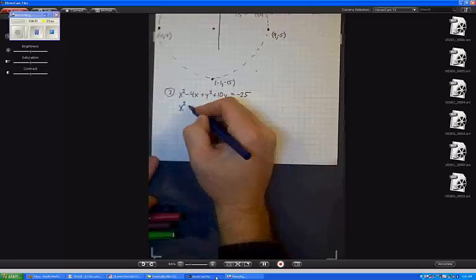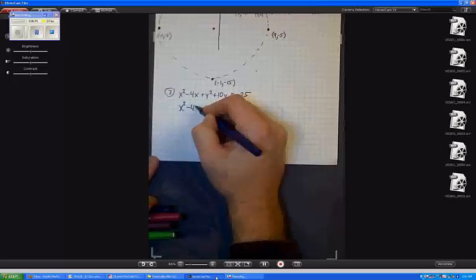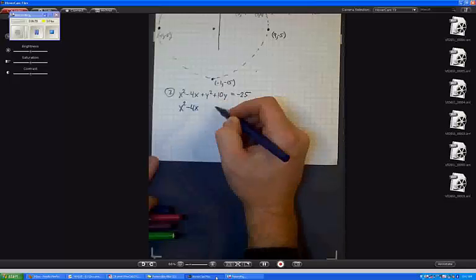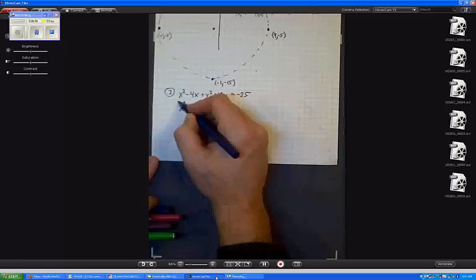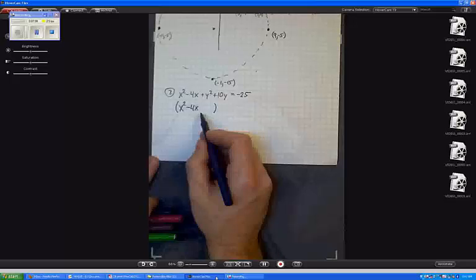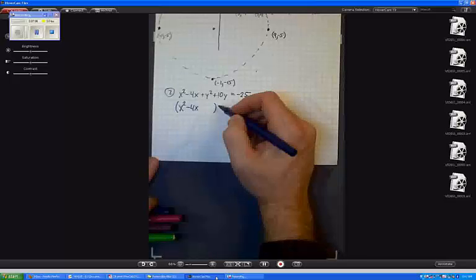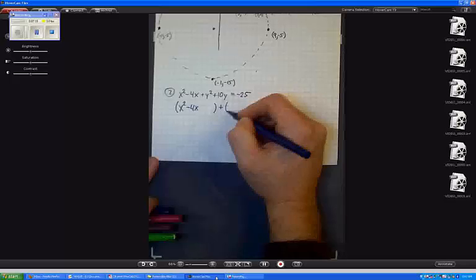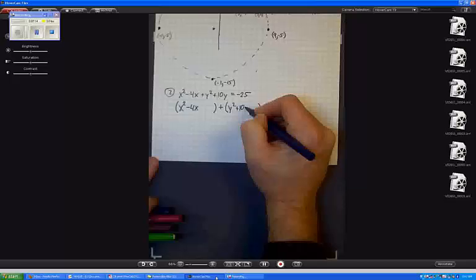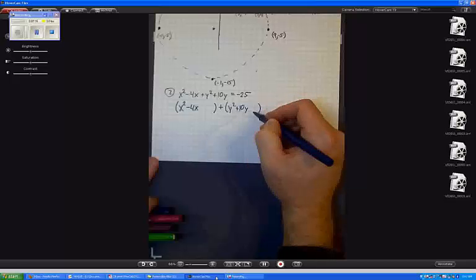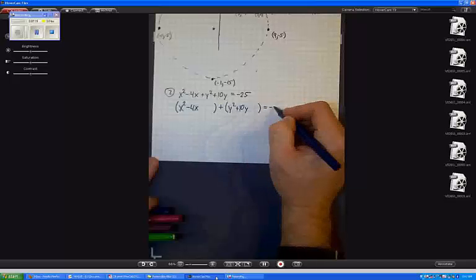Let's write x squared minus 4x, and then I'm going to leave some space here, because what we're going to do here is we're going to add something in a moment. Okay? Plus, and then here in parentheses I'm going to write y squared plus 10y, and I'll leave some space. And I'm going to say this equals negative 25.